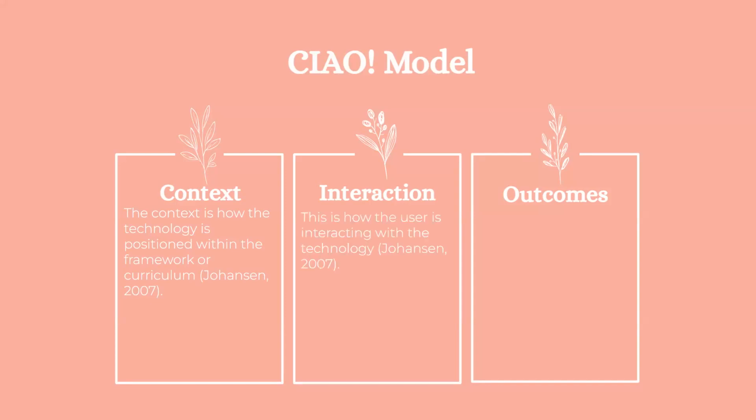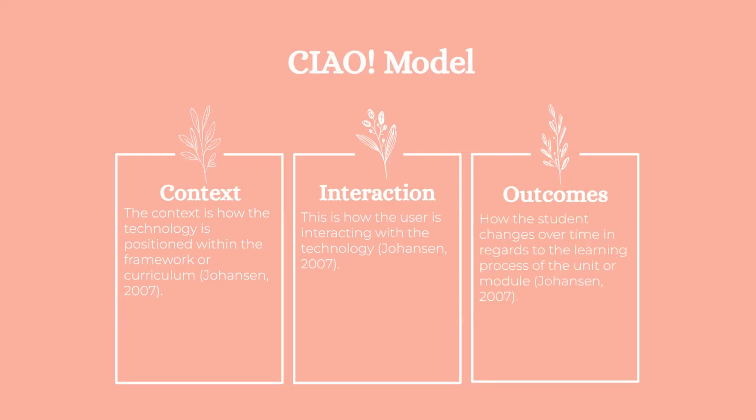The interaction is coming from how the user is interacting with the technology. Is the user using it correctly? Is the user engaged with it? Is this a click, click, click, and we're done? And all they did was click, or are they actually engaging with it and learning the content and not just clicking to show that they've done something?